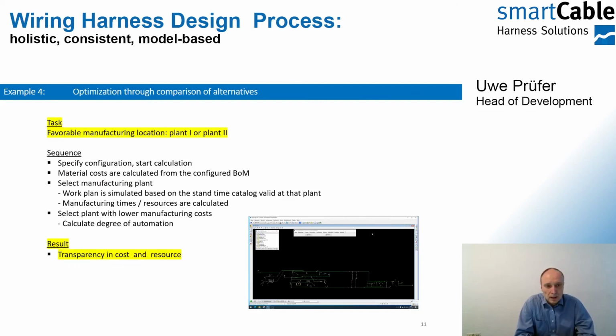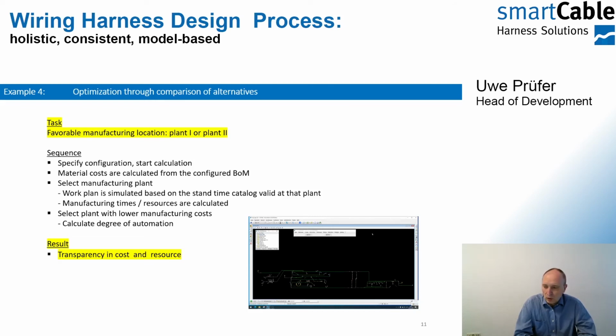In my last example, I will show you reoptimization through comparison of alternatives, in which case the comparison of production costs at different locations with different resources. The result is transparency in costs and resources. To do that, I specify a configuration on my model.